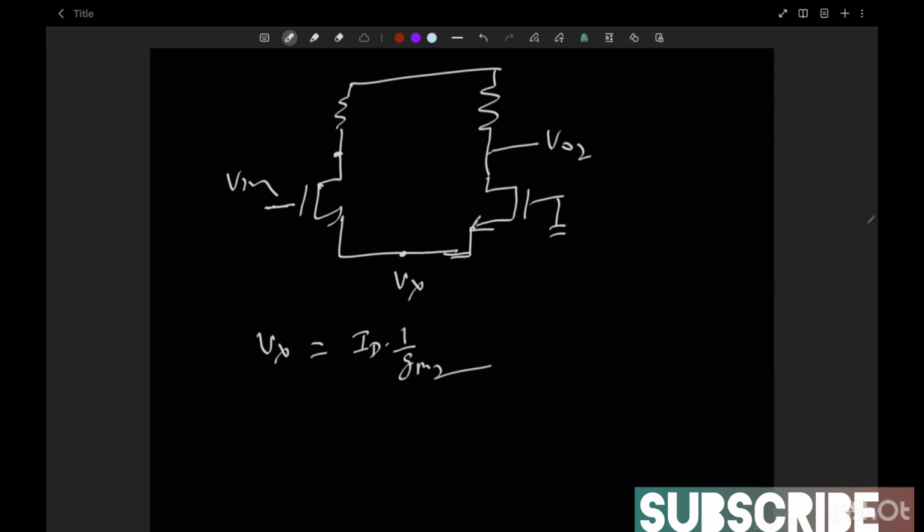So what is the current change here? This current, say ID2, will be gm of this, this is M2, into Vg, which is ground, minus Vx.